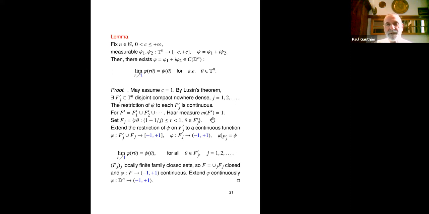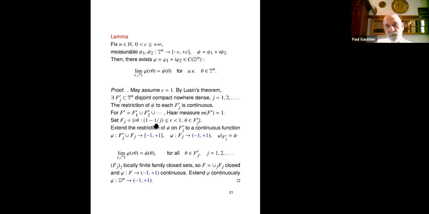And we can take them such that the Haar measure of the union is close to the full measure, because in measure you can approximate compact sets by subsets which are nowhere dense, with Cantor type sets.